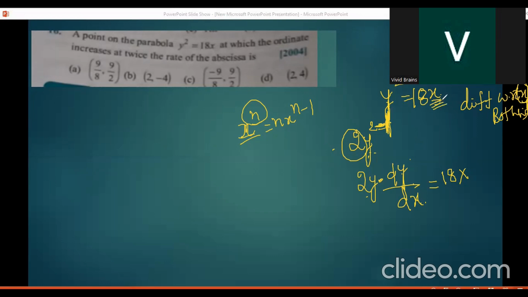If I differentiate x with respect to x, it's only 1. So dy by dx is equal to 18 by 2y. 2 one time, 2 nine times. So 9 by y, we got in the previous question. You check. In this manner, we are going to differentiate this question.